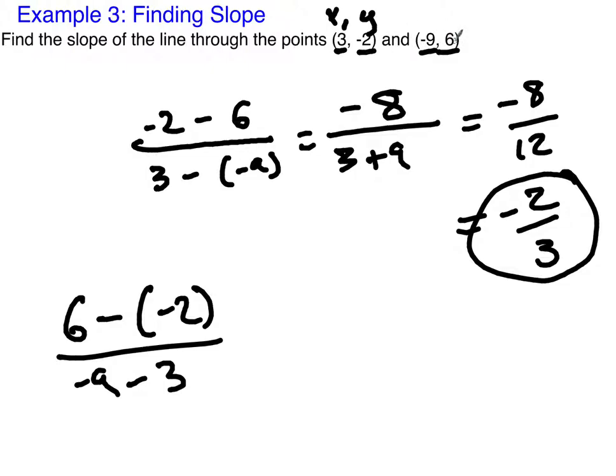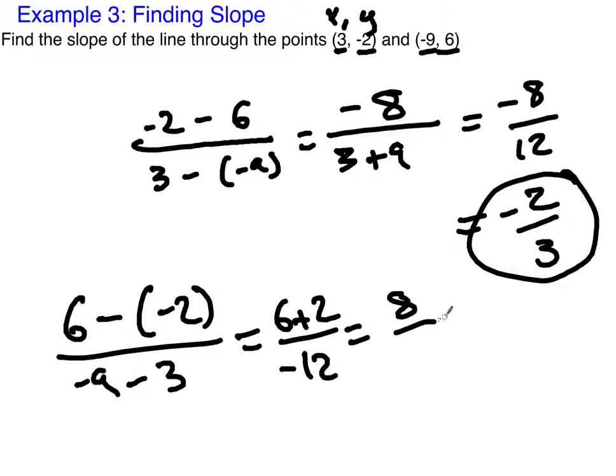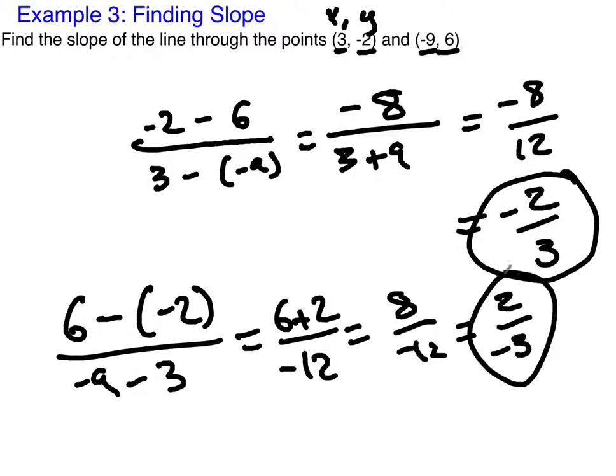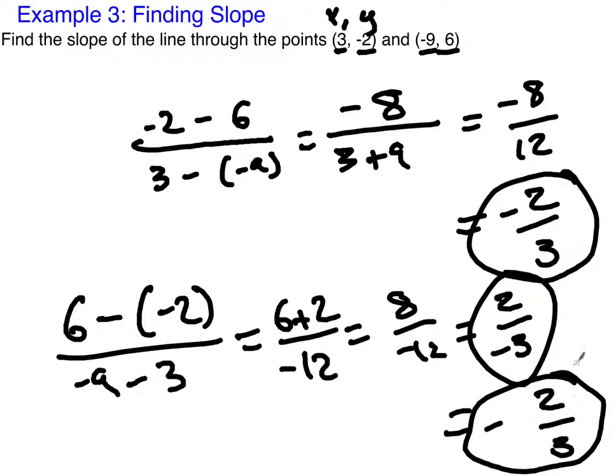I just switched these. 6 minus -2 is the same thing as 6 plus 2. -9 minus 3 is -12. So then I get 8 over -12, which is 2 over -3. These are actually the exact same thing. 2 over -3 and -2 over 3 are both -2/3. So it actually doesn't matter which order you do it in.